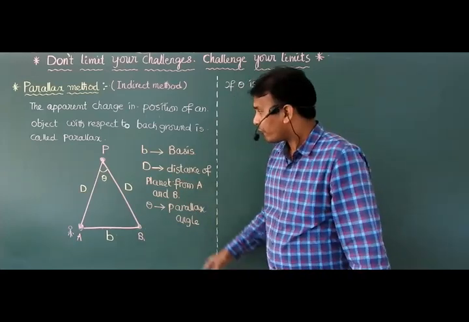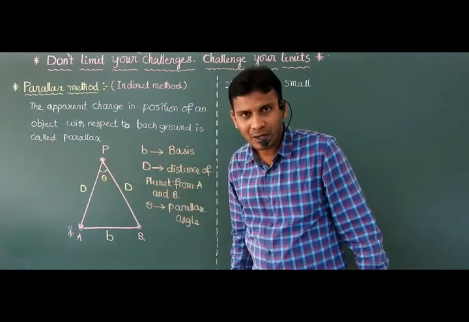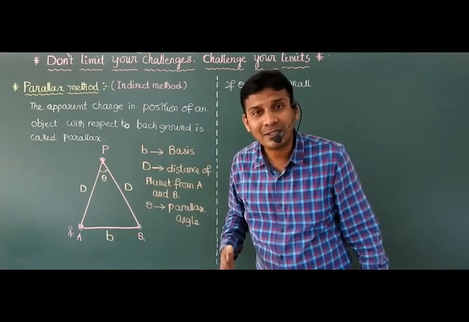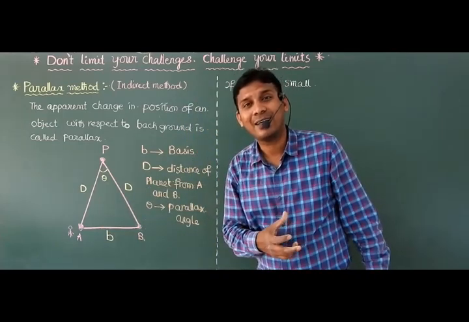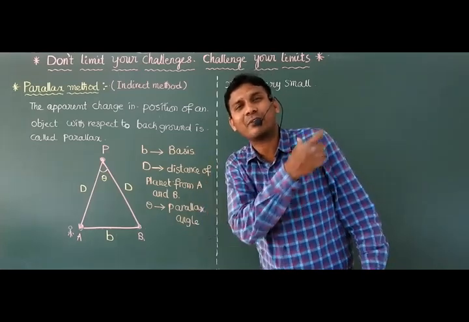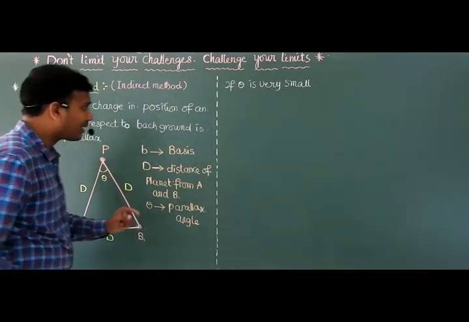If theta is very small, then this AB is considered as an arc of a circle, taken as the length of an arc of a circle.